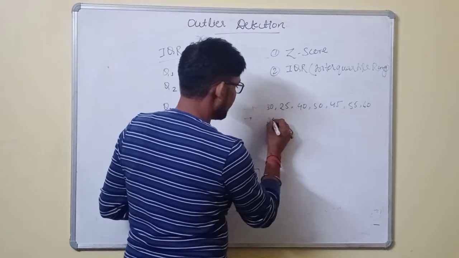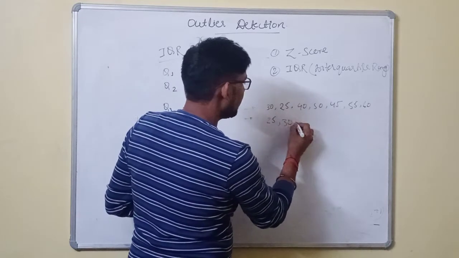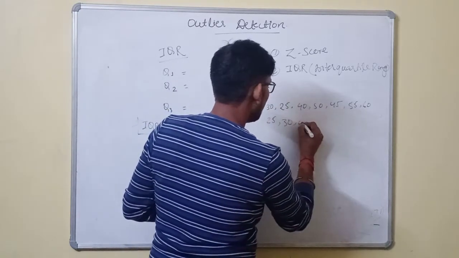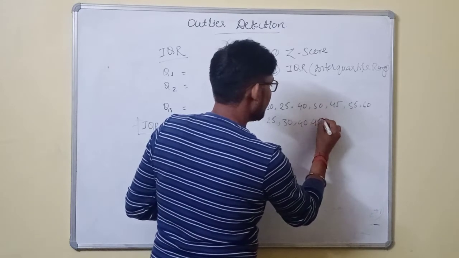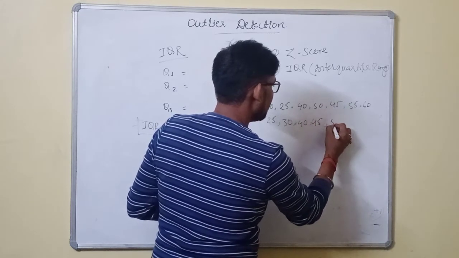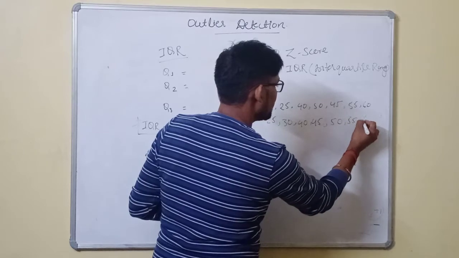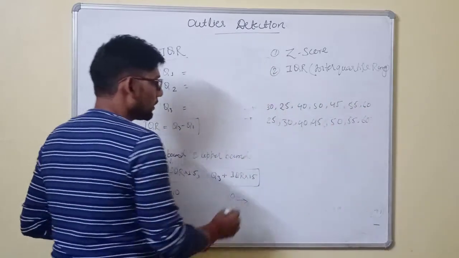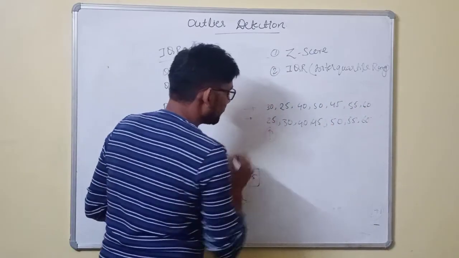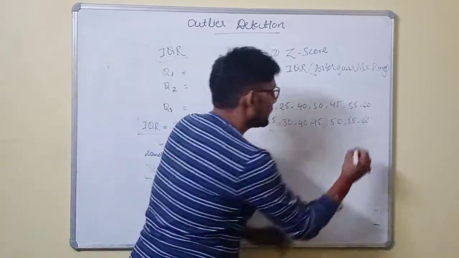So now we have 25, 30, is there any 35? No. 40, 45, then 50, 55, 60. So here 25 is the lowest and 60 is the highest.